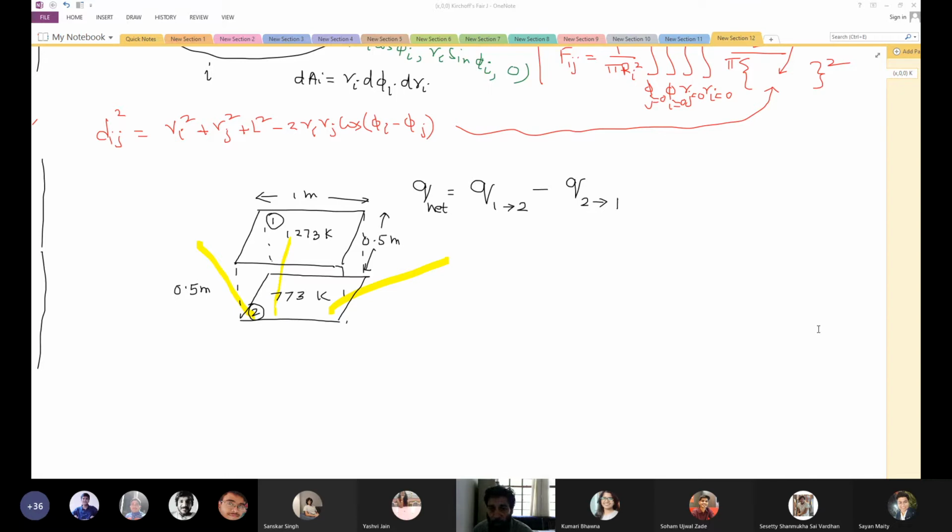Soham Zade matching, close, not close, but okay. Yeah, Kumari Bhavna matching. Everyone must report the view factor. SS Vardhan matching. Yes.